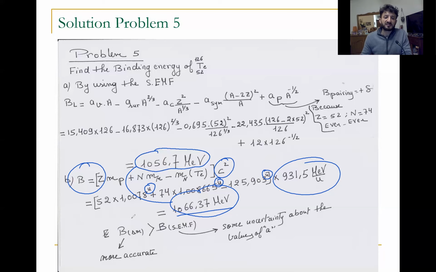In general, this value is more accurate, and the value calculated by the semi-empirical formula has some uncertainty, because the values of A_V, A_C (Coulomb), A symmetric, A volume, A pairing are not accurate, we have some approximation. For this reason, we have some difference between these two values.